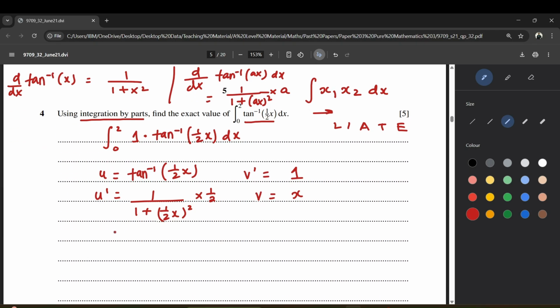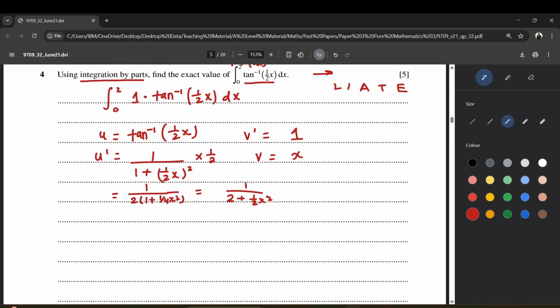If I simplify this, I'm going to get 1 over 2 times 1 plus 1 upon 4 x square, and then I can rearrange it and write it as 1 over 2 plus half x square. So we can expand this bracket and this is what we'll get.